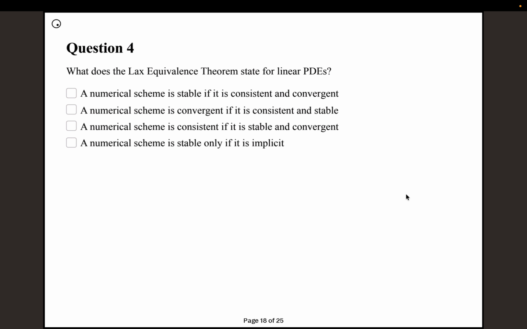Okay, what does the Lax equivalence theorem state for linear PDEs? We started out with this theorem, which says that you have a PDE, you convert it into a set of finite difference equations, and when you convert it, you use some kind of grid, some delta x, delta t.